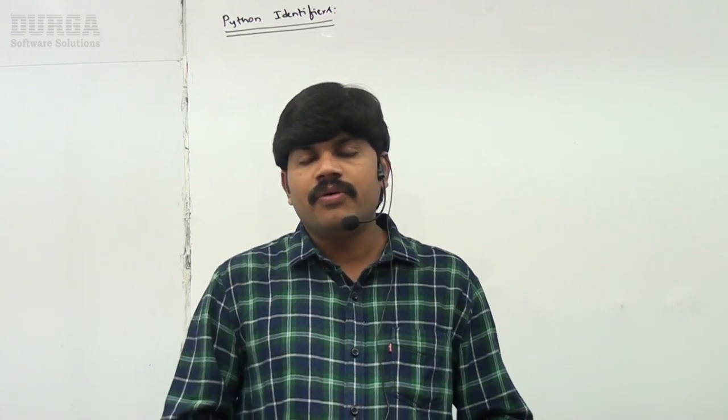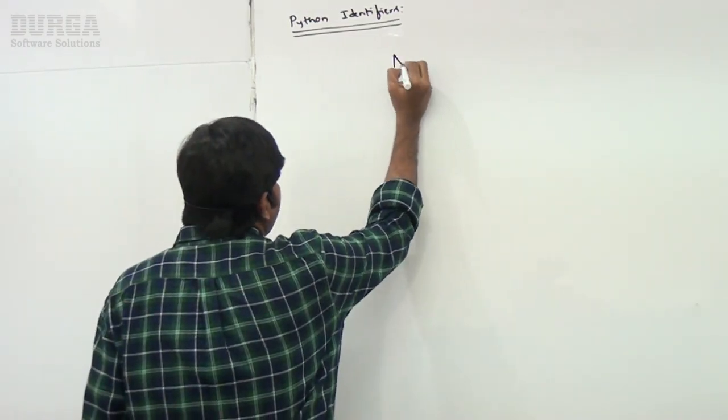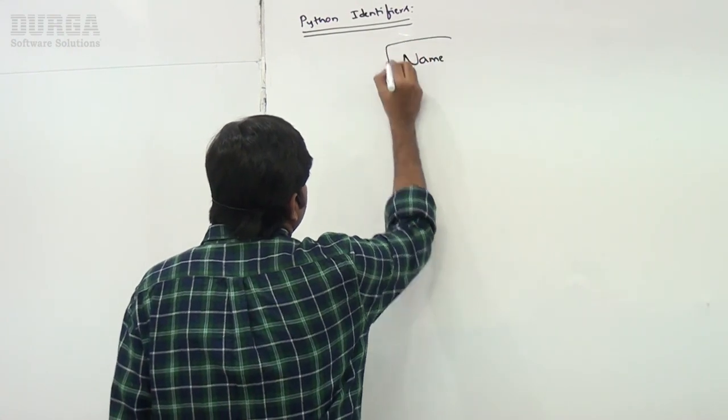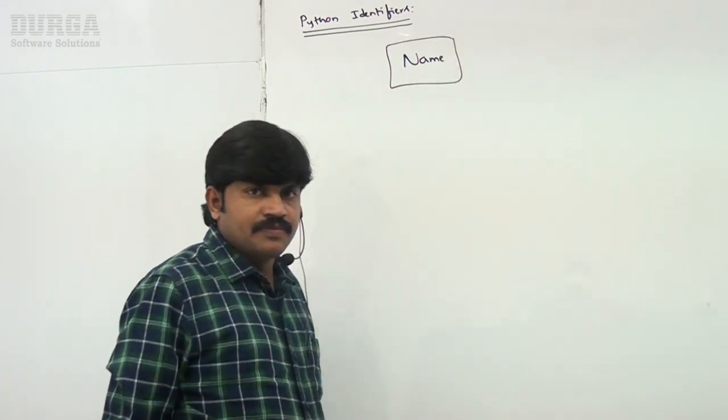A name in a Python program is called an identifier. Here we use human names, student names, to identify the student. In the same way we use a name to identify a variable, a class, or a method. That name itself is considered an identifier.